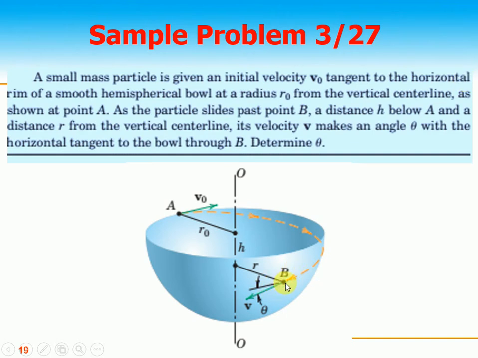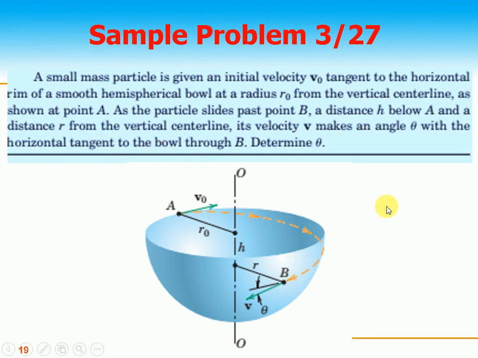It is given the velocity v0 tangent to the circle, just slightly below this hemisphere, tangent to the horizontal rim of the smooth semi-spherical bowl at a radius r0 from the vertical center, as shown at point A. As the particle slides past point B, a distance h below A and a distance r from the vertical center, its velocity v makes an angle theta with the horizontal tangent to the bowl through B. Point B is slightly lower on the periphery of this hemisphere, so this height is h from the vertical central line.